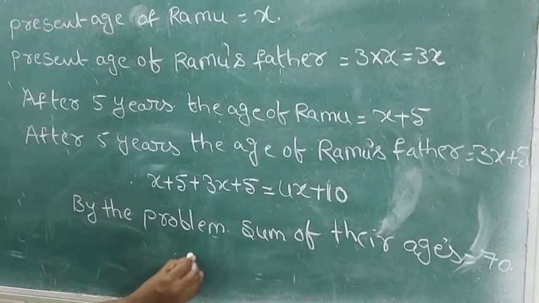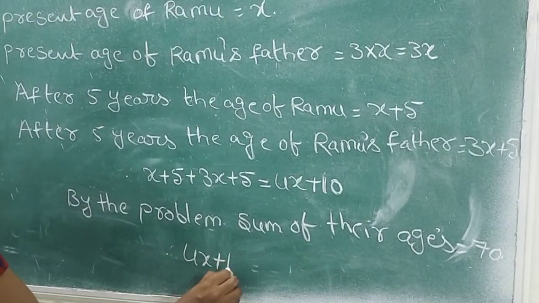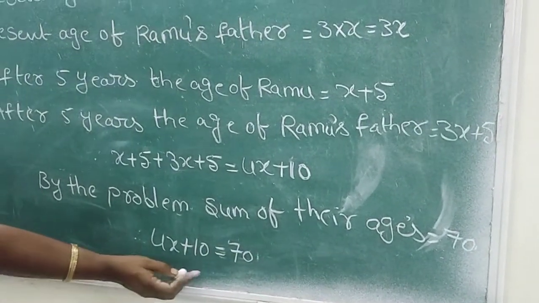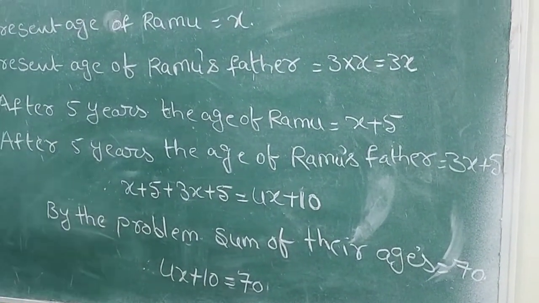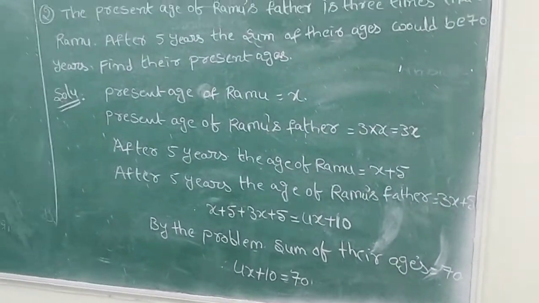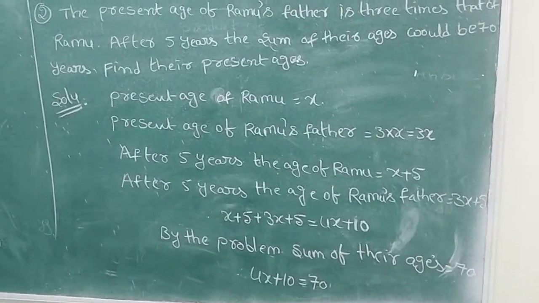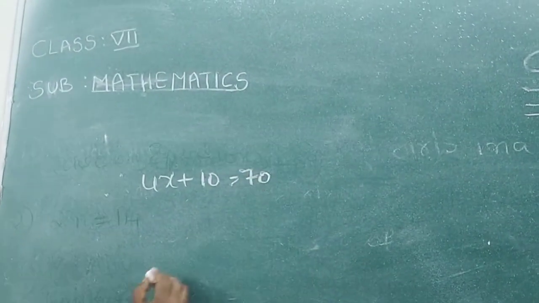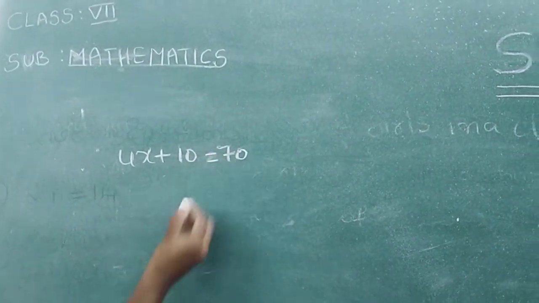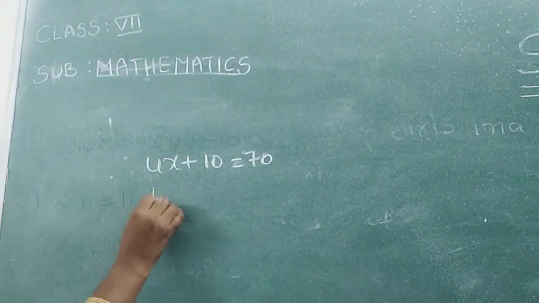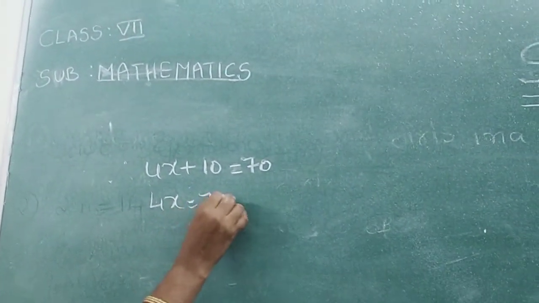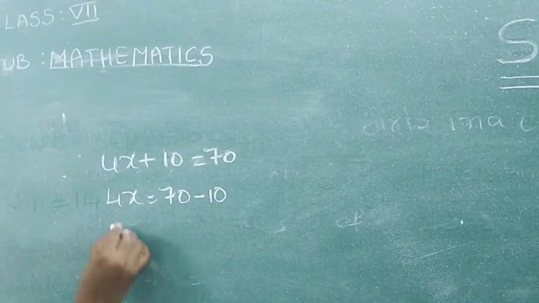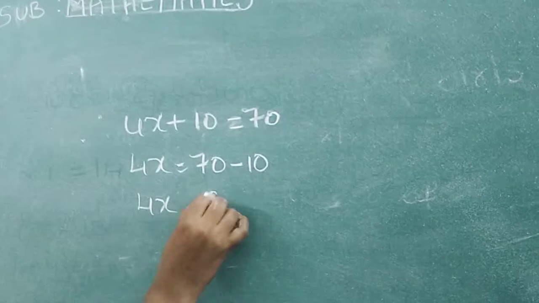Therefore, 4x plus 10 is equal to 70. 4x is equal to 70 minus 10, which is 60.